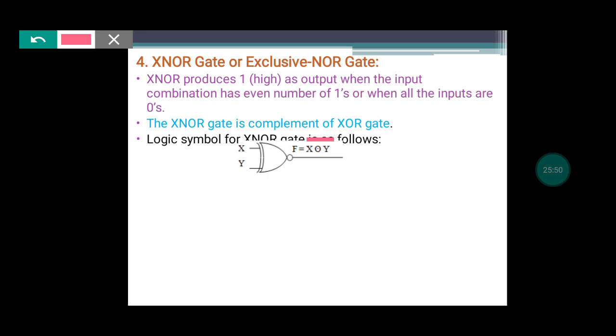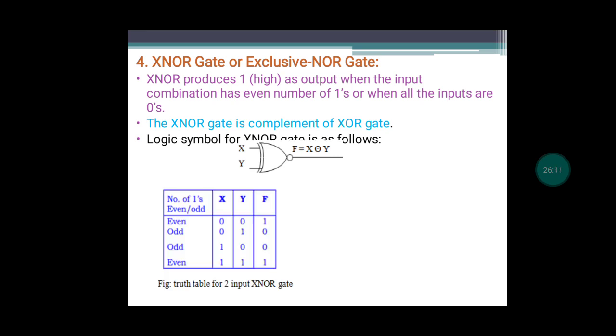In front of this OR gate we have a bubble. That bubble is representing a NOT gate. So this is a combination of XOR gate and a NOT gate, and this is exactly the complement or opposite of the XOR gate.